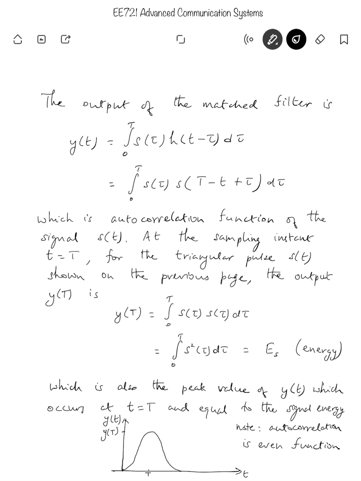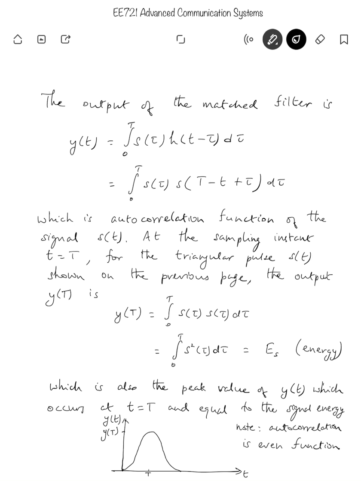So the output of the matched filter, for an impulse response h of t matched to the transmitted signal s of t, is given by this. If you look at this equation, it is basically a correlation between s of tau and a shifted version of s of tau, so it is an autocorrelation function.